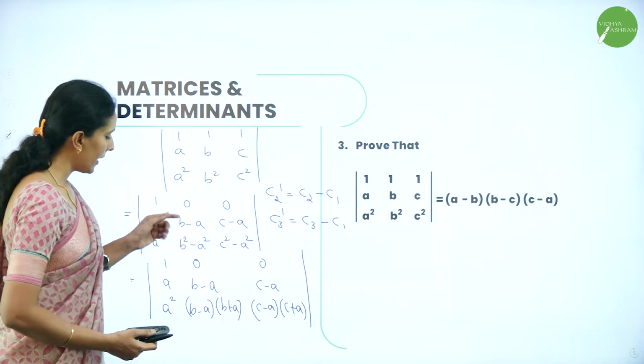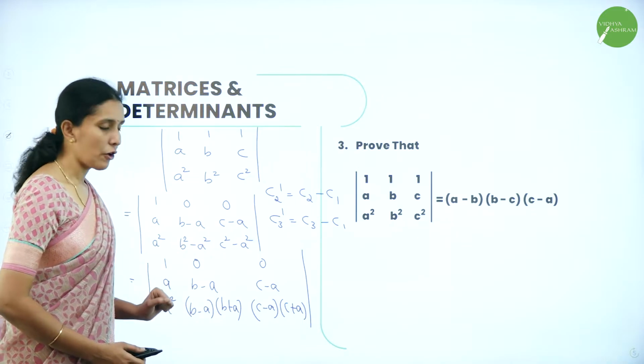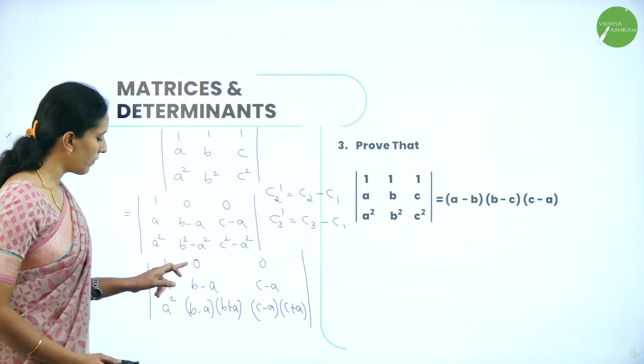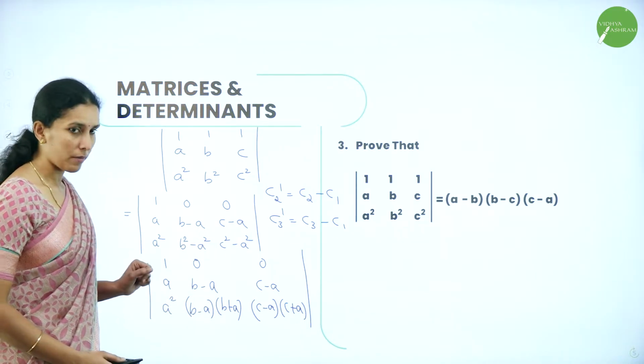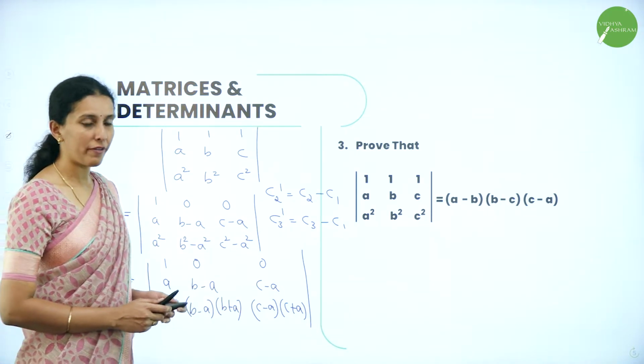We can take any scalar quantity out if it is common to a column. So in the second column, we can take b minus a as a common factor, and in the third column, we can take c minus a as a common factor.